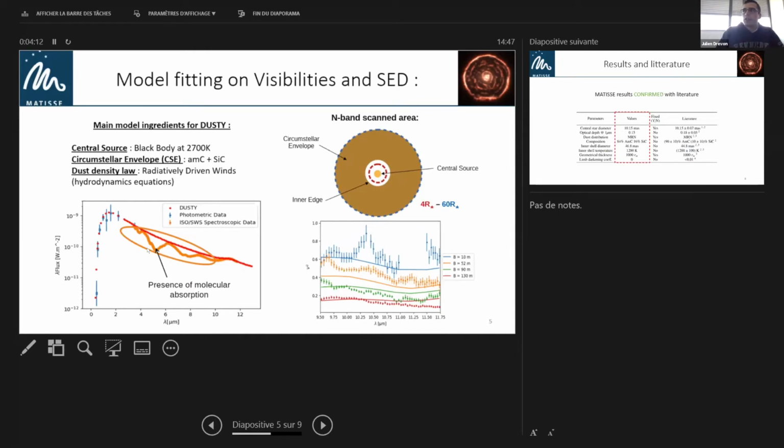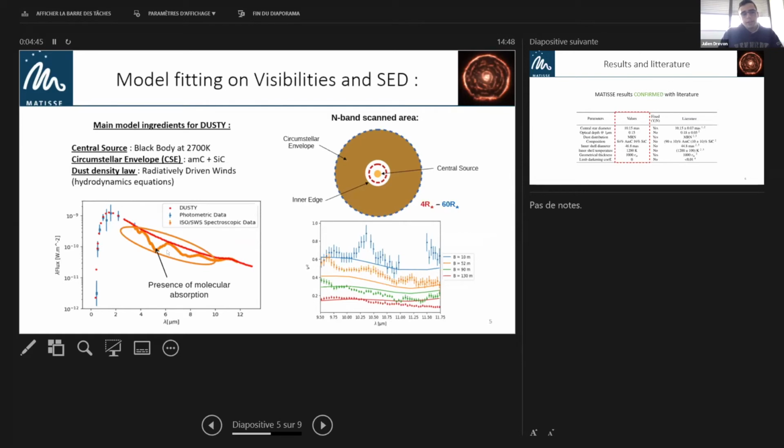For the spectral energy distribution, we have in fact two things. The photometric points, which have been chosen in order to build a consistent spectral energy distribution, meaning having these photometric data points at the same phase of the pulsation period as the MATISSE observation of R Sculptoris, and then the ISO spectra in order to cover all the mid-infrared area.